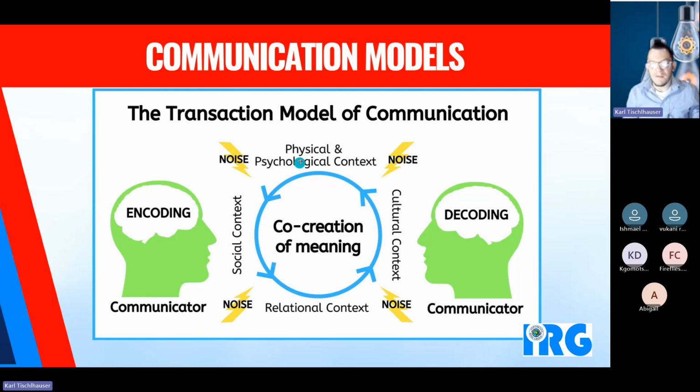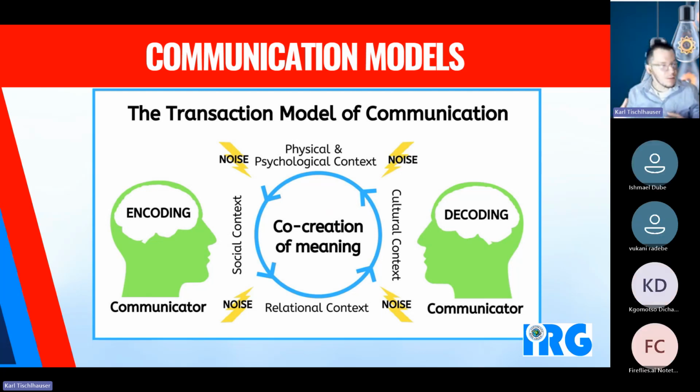Then we have our physical and psychological context. So again, is it a communication sent between colleagues, between friends? Are we communicating within an organization, so internal communication, or is it external? And then also, what is the psychological context? Is it from one employee to another?